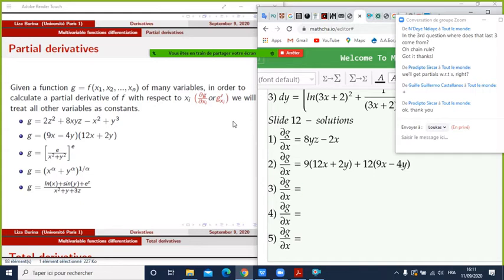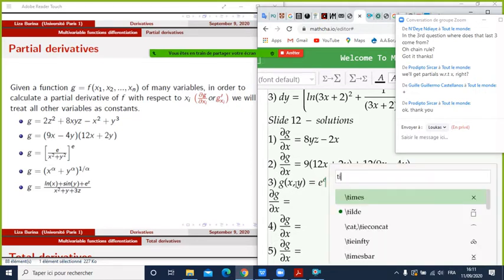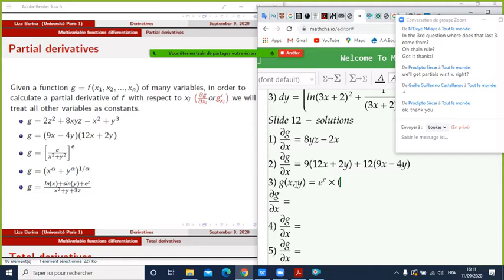So now this third, let me first rewrite the third thing. Technically it is g of x and y, and it is equal to e to the power of e times (x squared plus y squared) to the power of minus e.